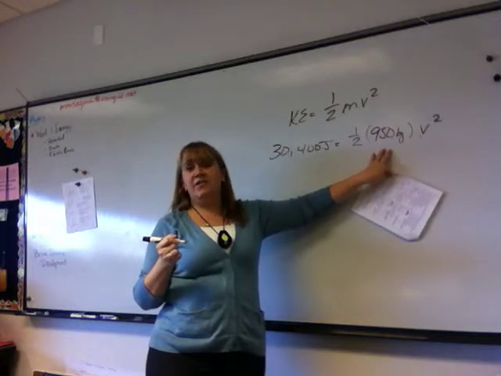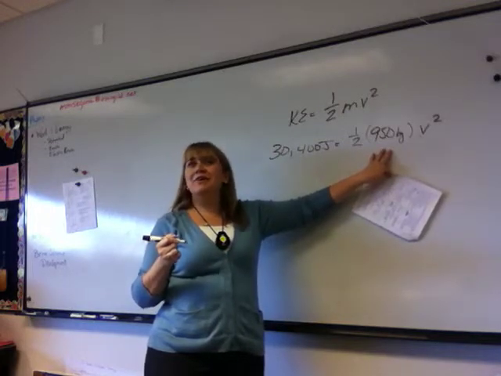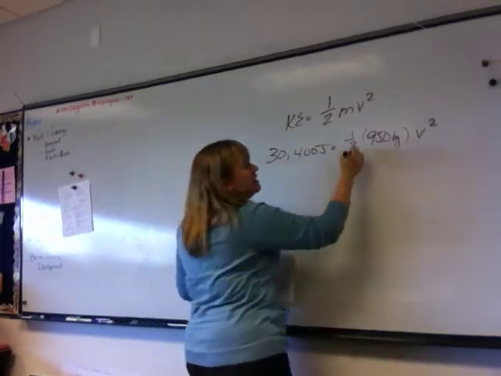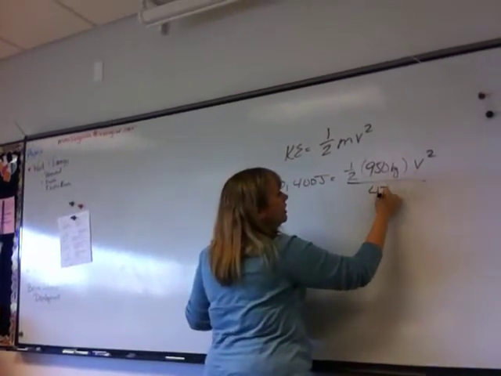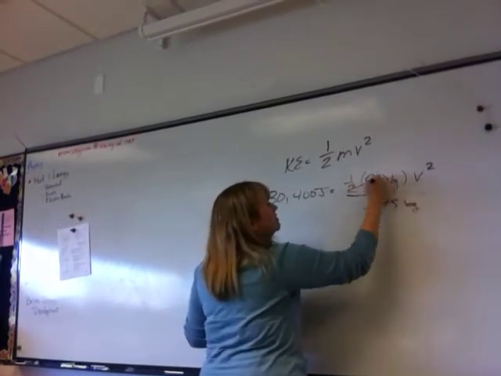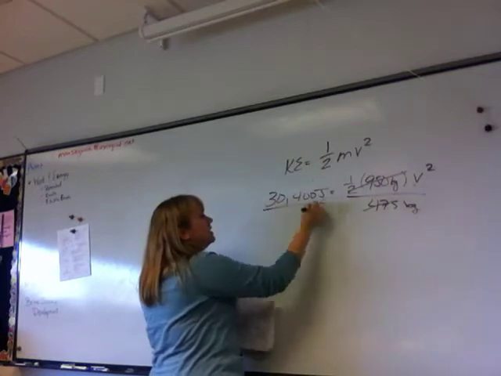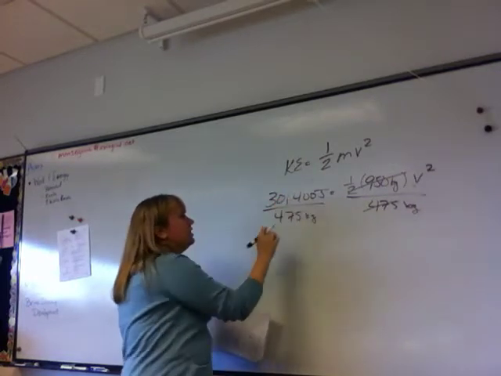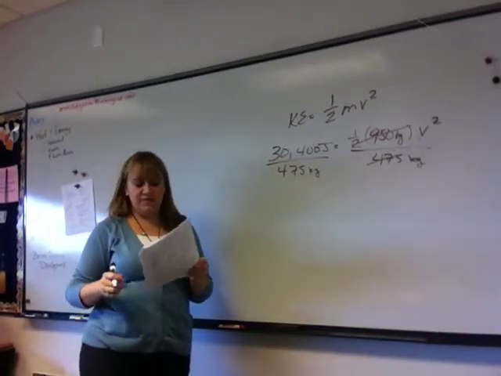It's 475. Okay, close. 475. So if we divide both sides by 475 kilograms, that's going to cancel this and all that out. Take this one over 475 kilograms.